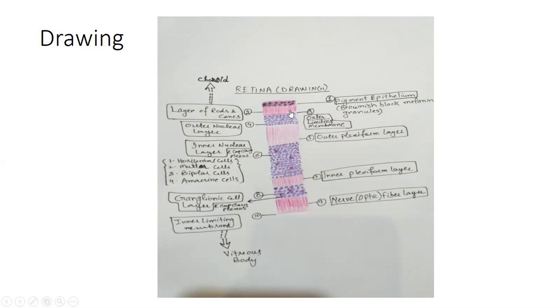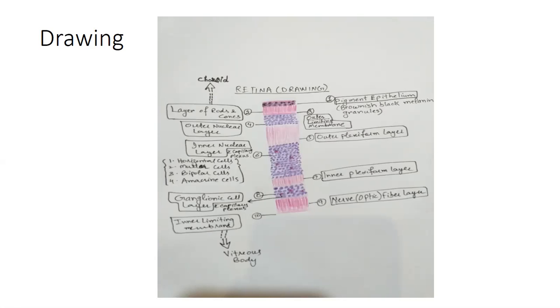Then like this you have to draw the other layers, and you will also draw the capillary plexus in the inner nuclear layer and ganglionic cell layer, as I have shown you here. You will draw a thin membrane in the form of the inner limiting membrane and outer limiting membrane, and the nuclear layers. So this is exactly how you draw the layers of the retina.